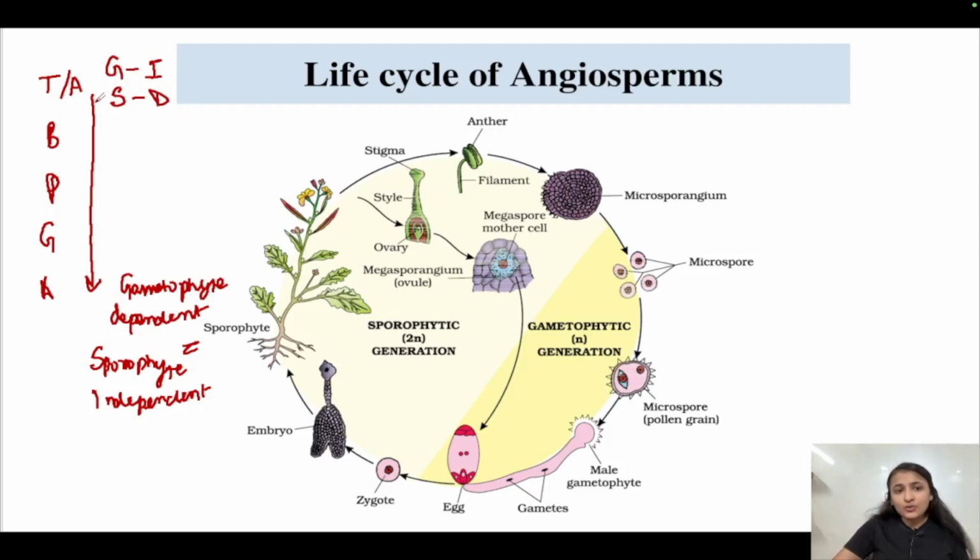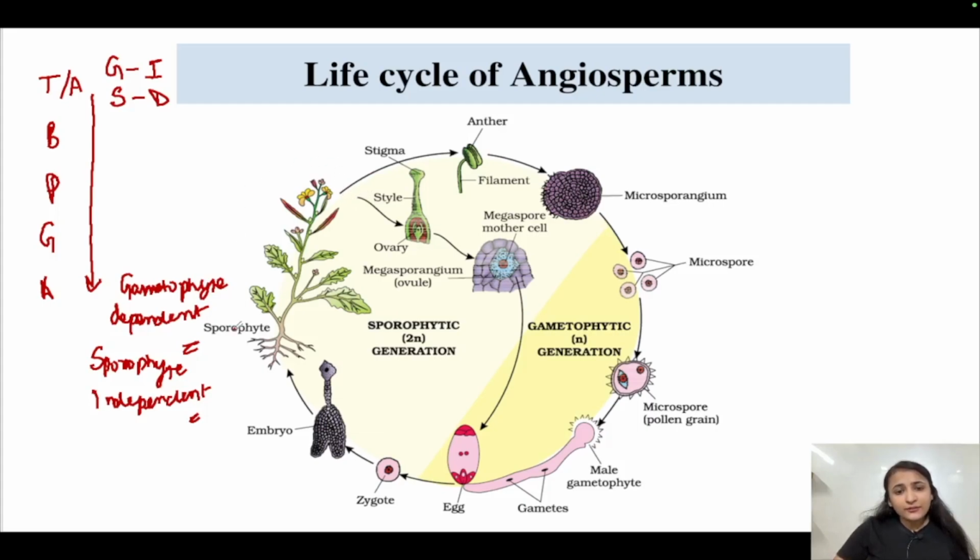But as the plant groups evolved into angiosperms, slowly and gradually, the gametophyte started reducing in size and became dependent upon the sporophyte. The sporophyte grew in size, became a more dominant structure, and became independent.